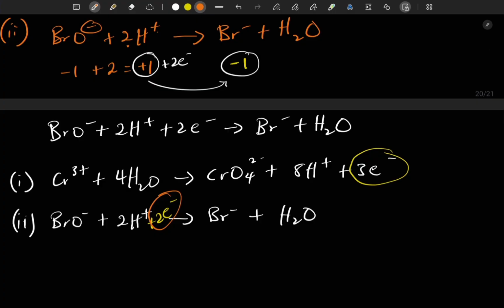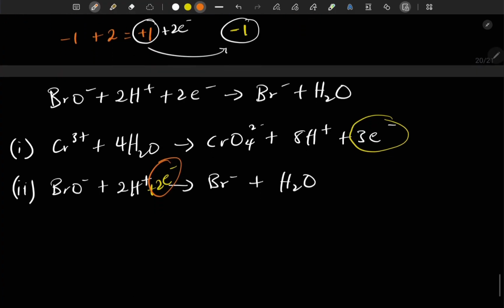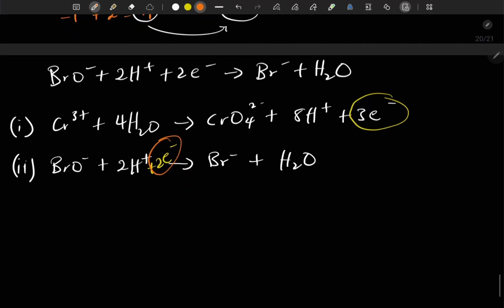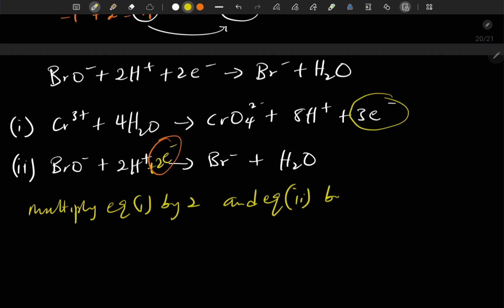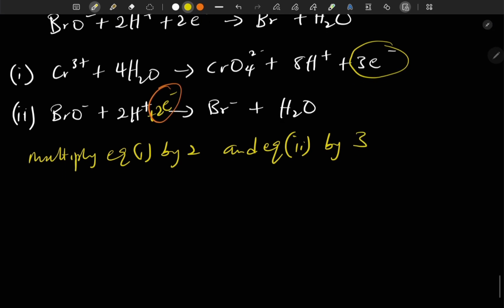We can multiply equation 1 by 2 and multiply equation 2 by 3 such that the number of electrons will be 6 for both equations. So you multiply equation 1 by 2 and equation 2 by 3.